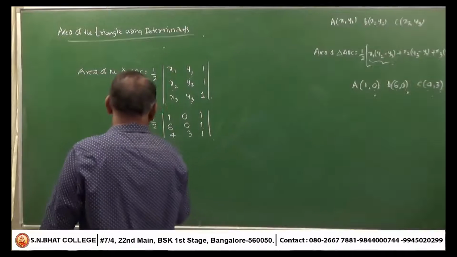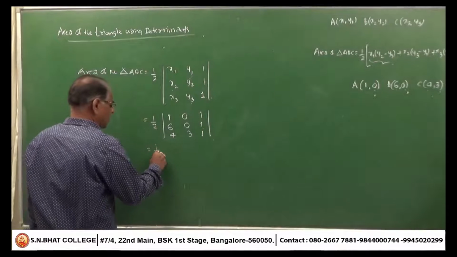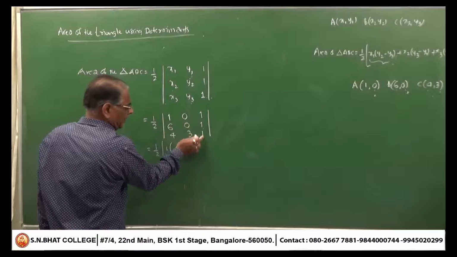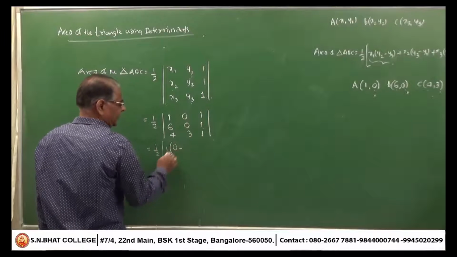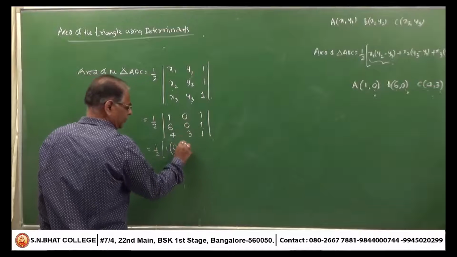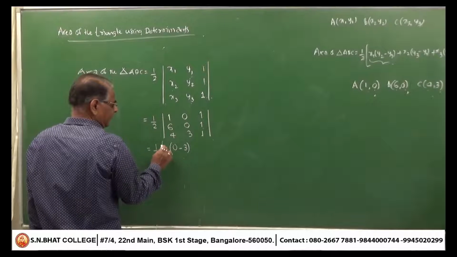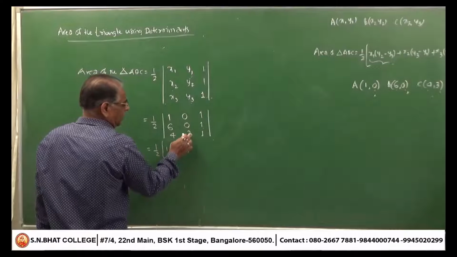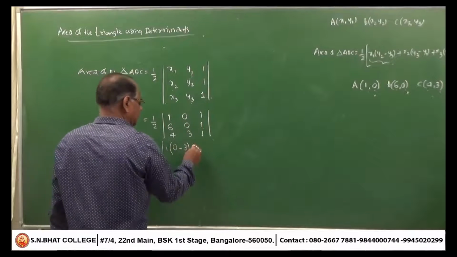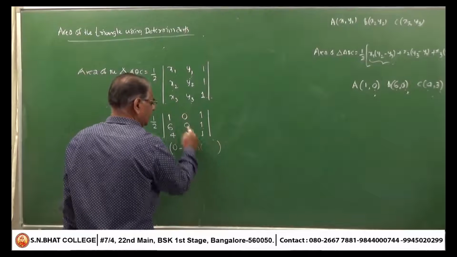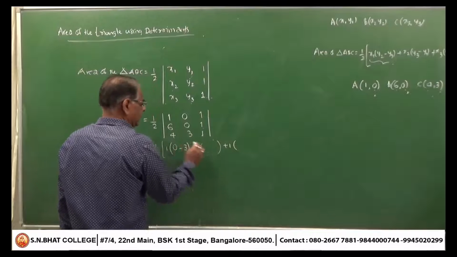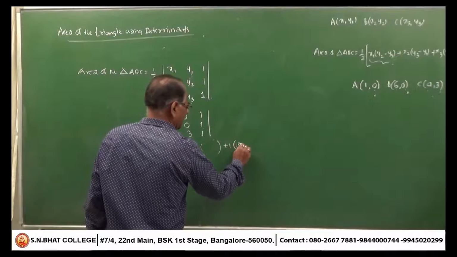You know how to expand this. Half into, I will directly write 1 into, leave this row and column, multiply 0. In between sign is minus, 3 into 1 is 3. Leave this, plus 1 into, leave this row, this column, 0, 1 into 1 is 0, 3 into 1 is 3. Next, minus 0 into 0 multiplied by anything is 0 plus 1 into 18 minus 0.